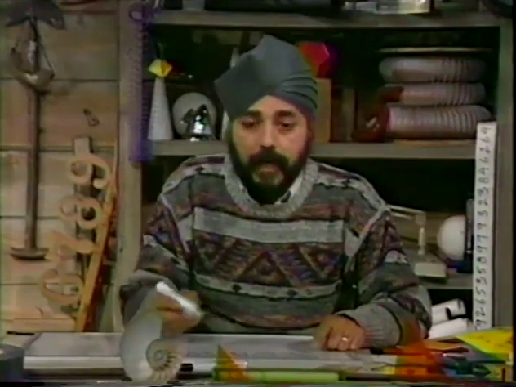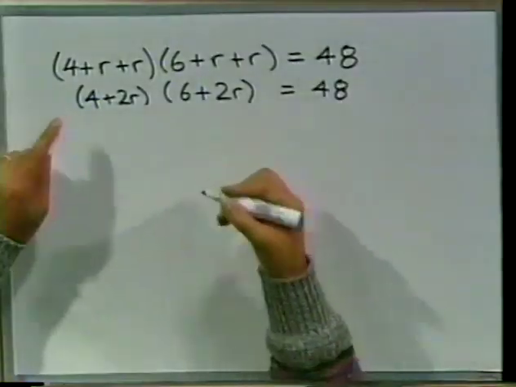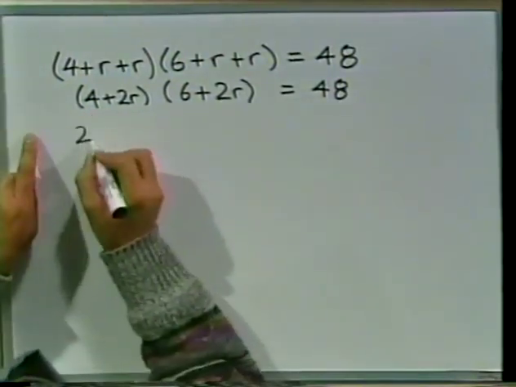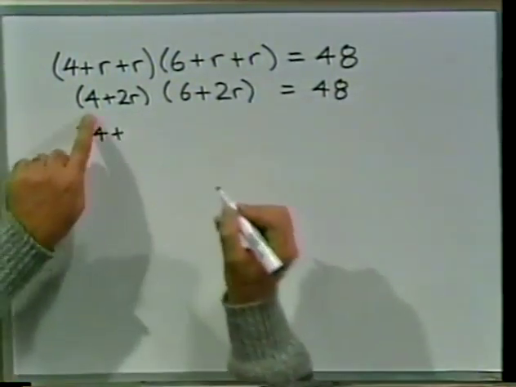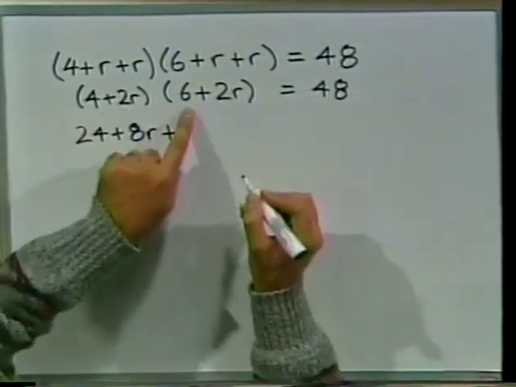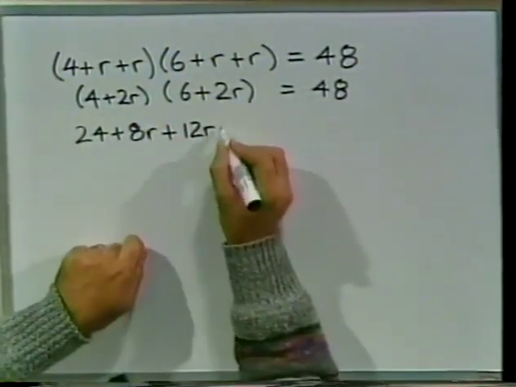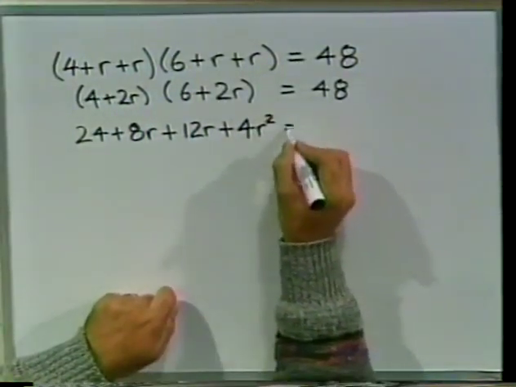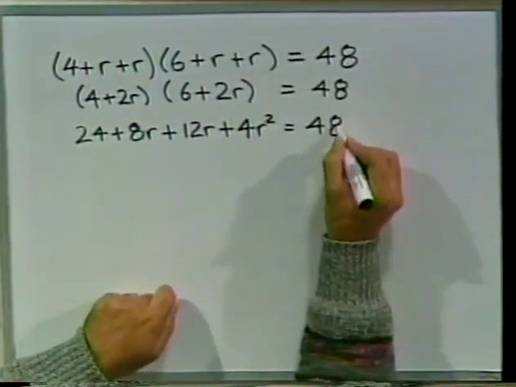Next, I can expand these two binomials using the FOIL method, which gives me first times first, 24, plus outside 8r, plus inside 12r, plus last 4r squared, which is equal to 48.